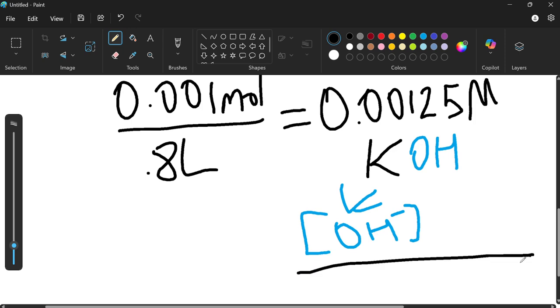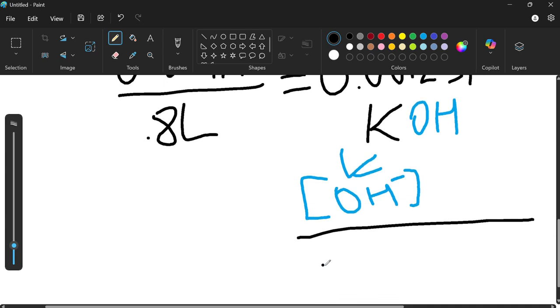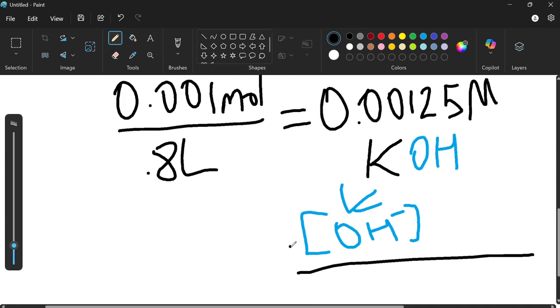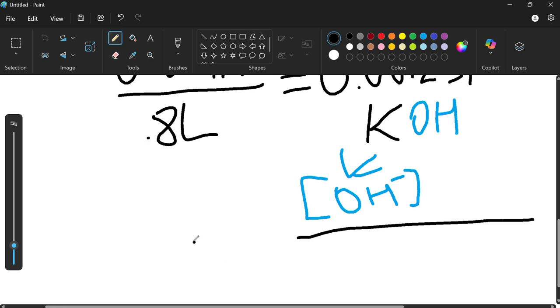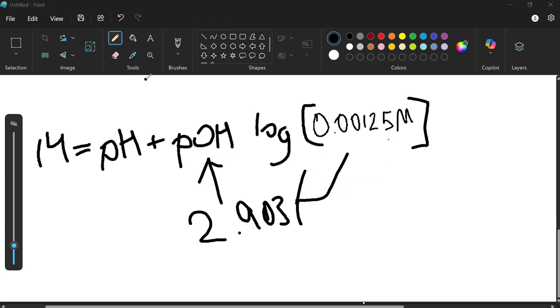So now we have the concentration of the OH minus, and now what you can do is use whatever method you want to find the pH. And so the one that I usually like to do is finding the pOH first, and then using this equation to find the pH. So how I would do it is take the negative log of the concentration I found for the OH minus.